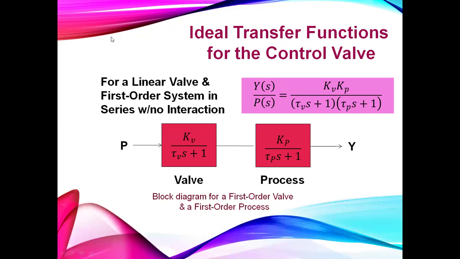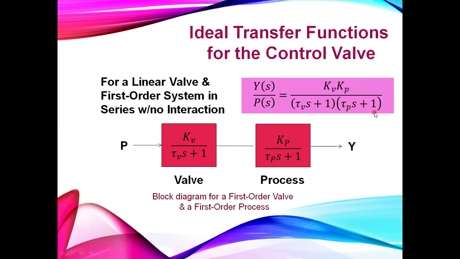Now, for a linear control valve and a first order system interaction, let's say you have a particular system, which we'll represent by the subscript P for process. Its transfer function is K sub P over tau sub P s plus 1.